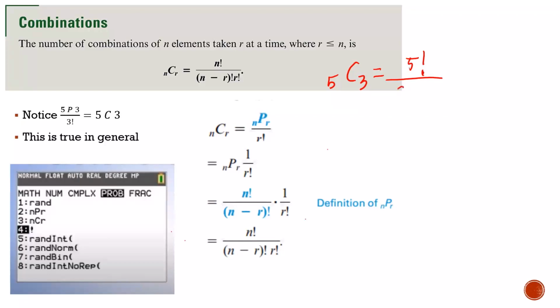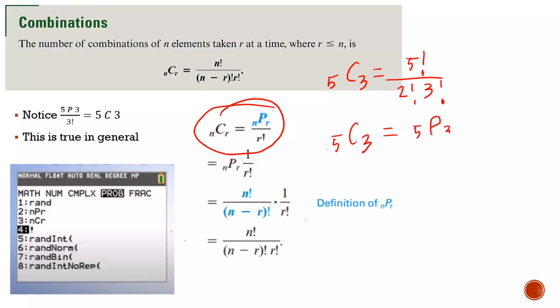So this is 5 factorial over 2 factorial times 3 factorial, which is the same. If I use this formula right here, it's 5C3 equals this. All of these things should be the same. So let's try this on our calculator, to show that it's the same thing.